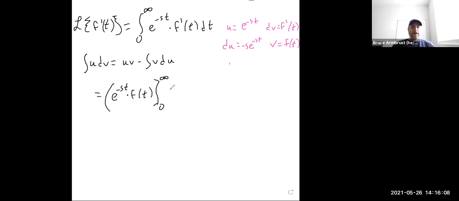And then plus the integral of v du, so that's going to be f of t times s e to the minus st. And again, from 0 to infinity.